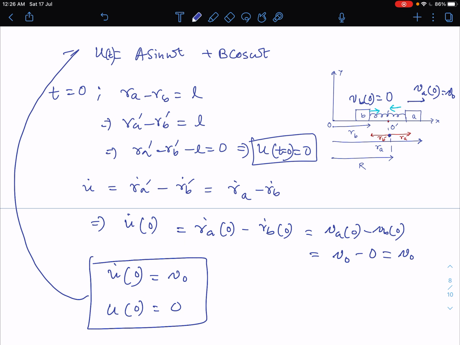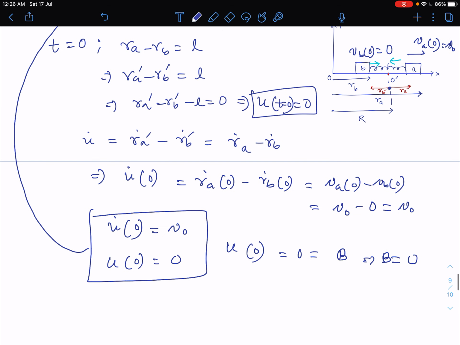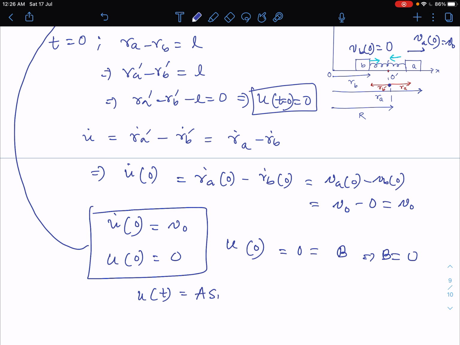If we apply these two conditions in this equation, u at 0 is 0, and it is just b, right? The sin omega t is 0 and cos omega t is 1. That means b is 0, so u of t equals a sin omega t.